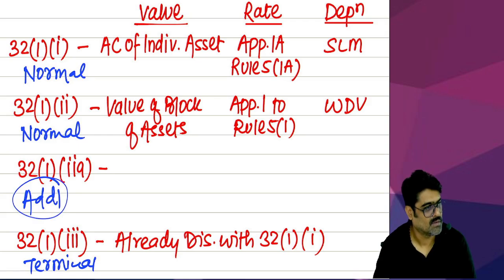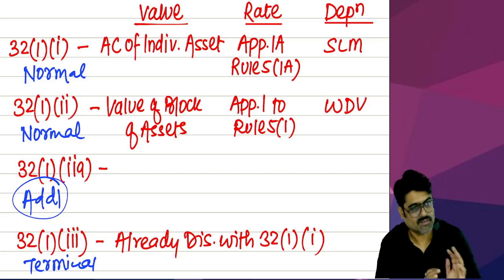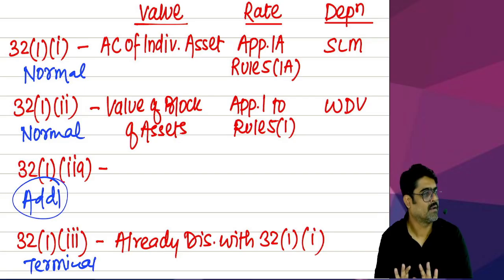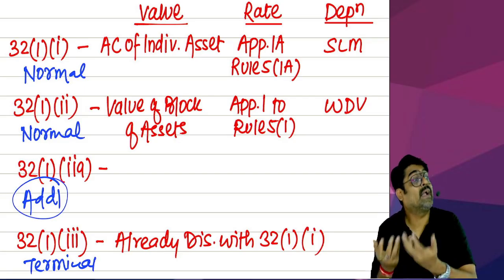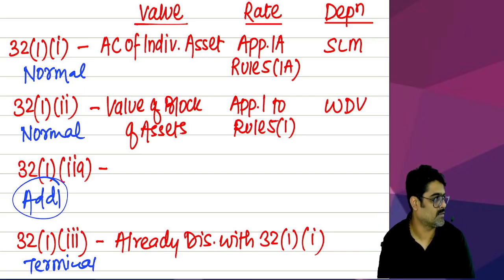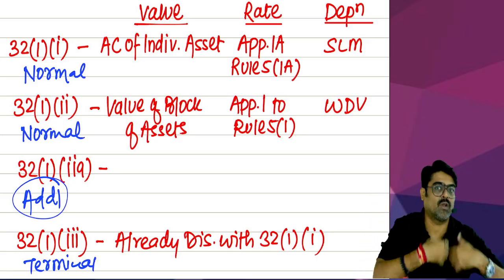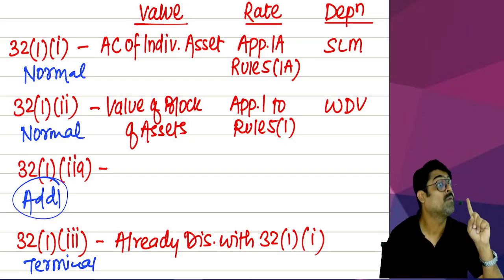No. In the first year, some extra depreciation is given. This is a normal depreciation only, but allowed in addition to normal rates. So in that first year, whatever normal depreciation is available, that normal depreciation also you take, but in addition to that normal depreciation, some extra depreciation will also be available in the first year.